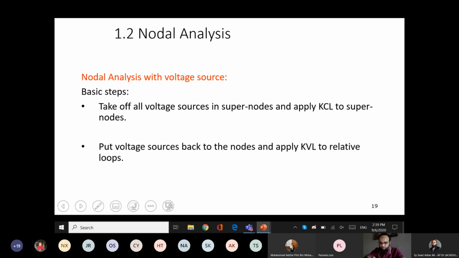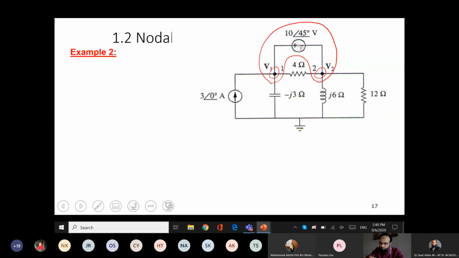So what are the steps? Take off all the voltage sources in the supernode. Apply KCL to the supernode. So we consider the supernode as the node. If I go back, we will consider this as a node.